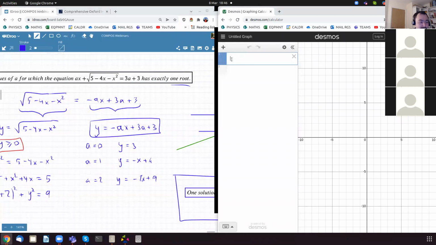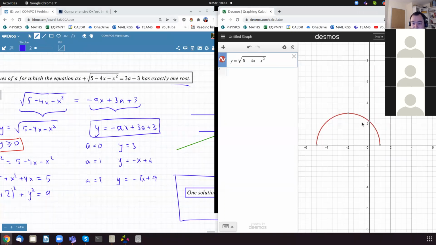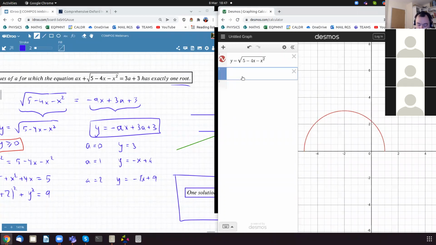So we split it the same way. Y equals square root of 5 minus 4x minus x squared. That's our semicircle. And y is equal to minus ax plus 3a plus 3.